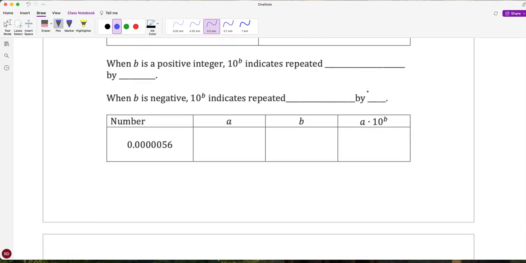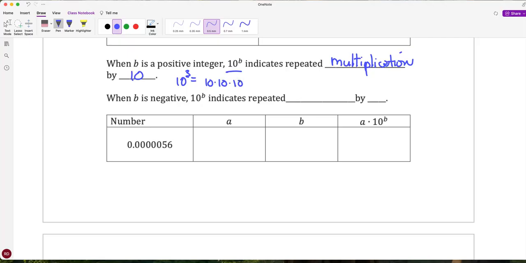Now, one thing to keep in mind: when I look at 10 to the b, if b is a positive integer, this indicates repeated multiplication by 10. What we mean by this is 10 to the 3rd is 10 multiplied 3 times.